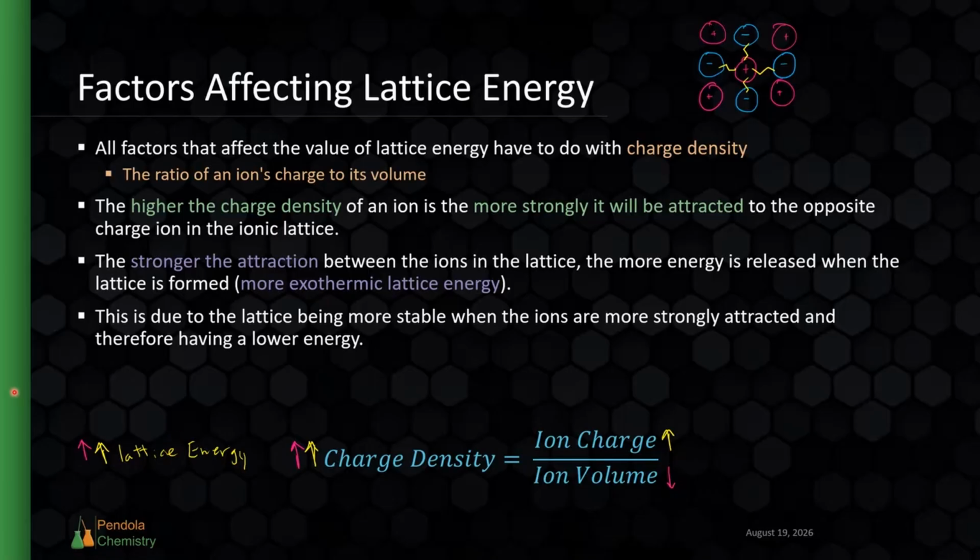And by higher, again, we mean more exothermic. So let me write that here because that's an important distinction. When I say higher, we mean more exothermic. More energy is given off.